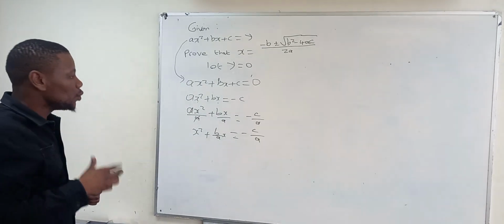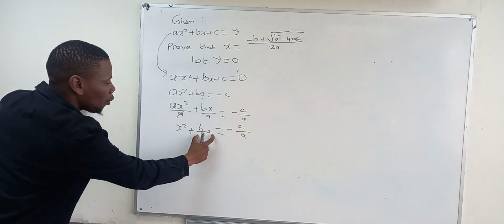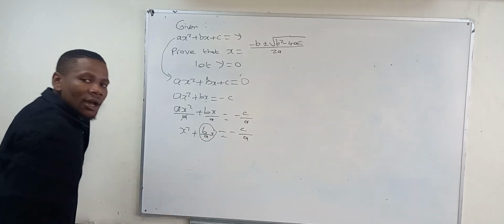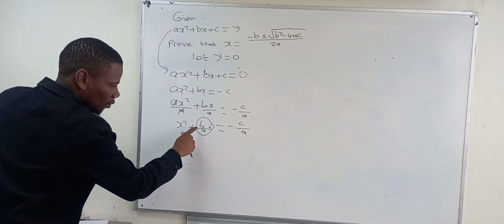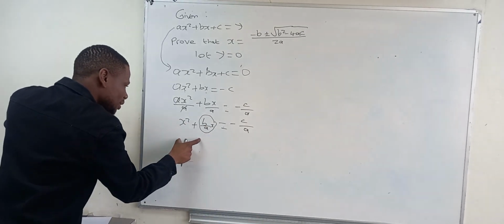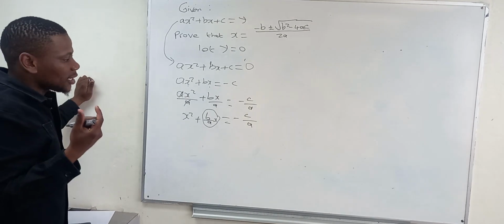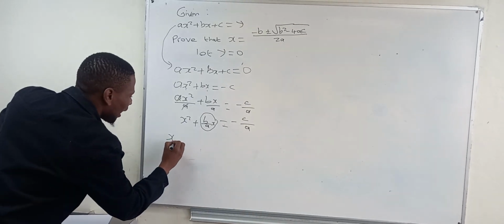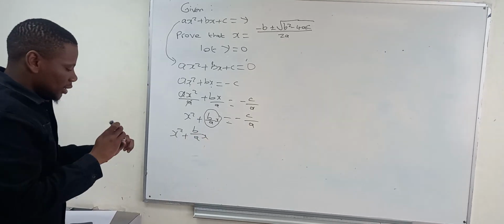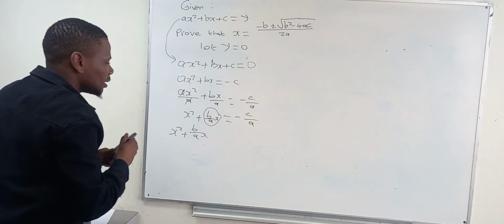So the second step that we do, we take half of the coefficient of x, which is this. We take half of b over a, then we square it. We do the very same thing on the right hand side. This method is called the completing the square method. So we take x squared plus b over a x, then we take the half of b over a, then we square it.